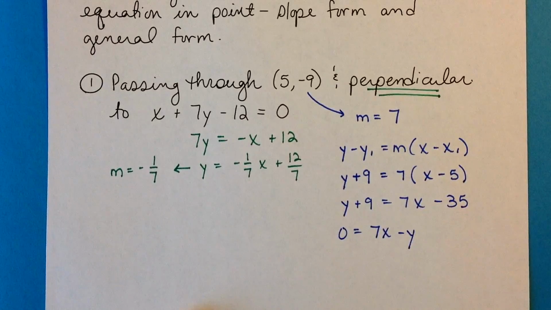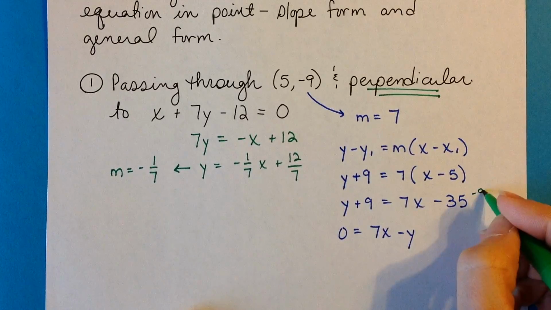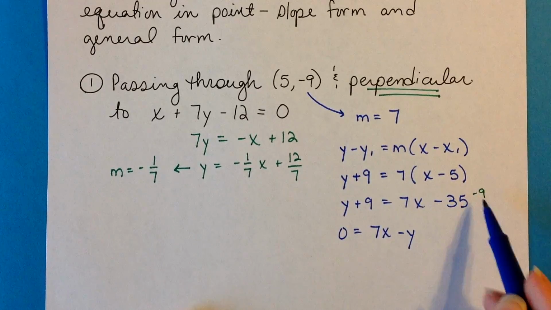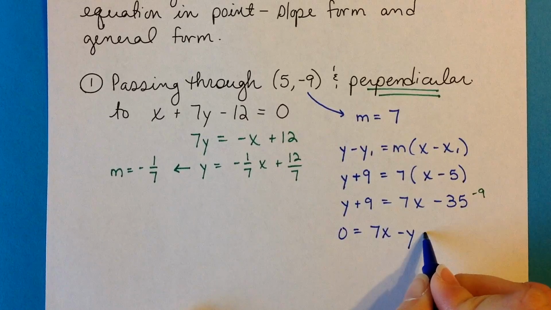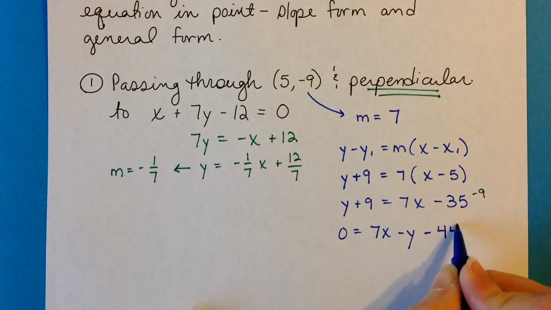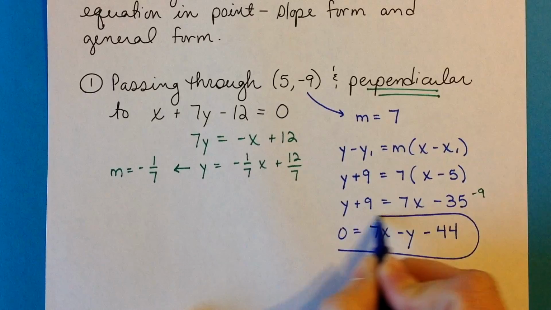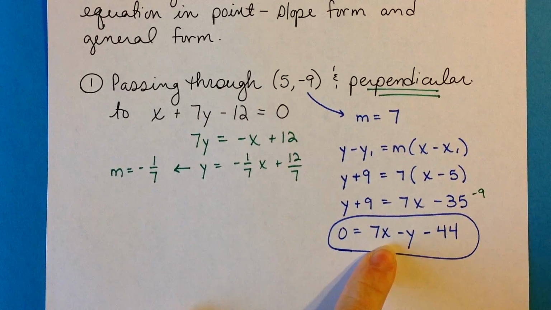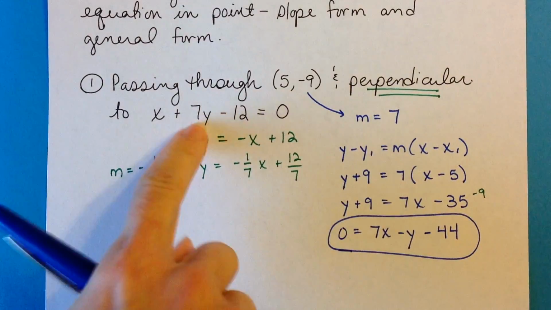I also have to subtract the 9, and I can go ahead and combine it in here. So that's going to end up giving me a negative 44. So this would be the equation of your line in general form that's perpendicular to this one.